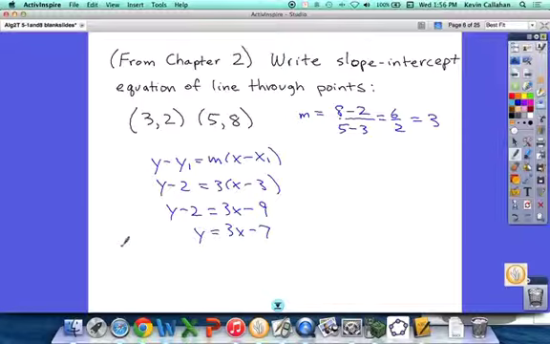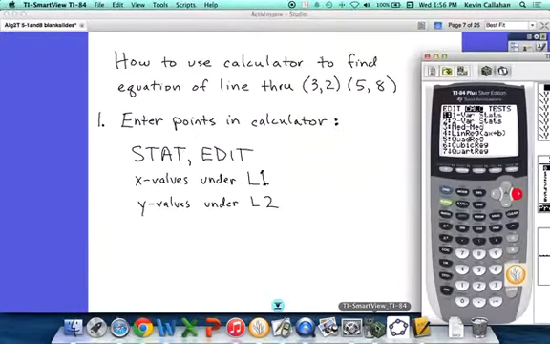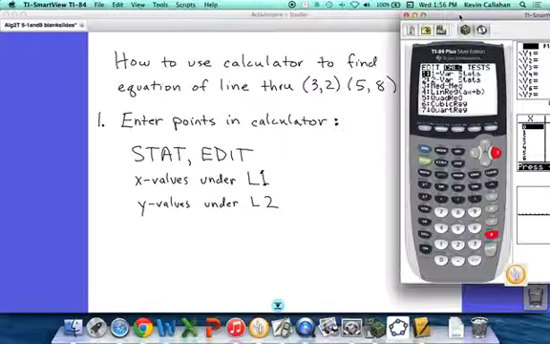Now, I'm going to show you how you could have had the calculator do that for you in very easy steps, okay? And this is where you need to be playing along, doing this with your calculator. Okay, calculator time. First, so that we're all starting from the same place, let's clear memories.